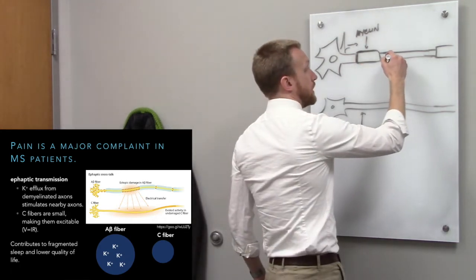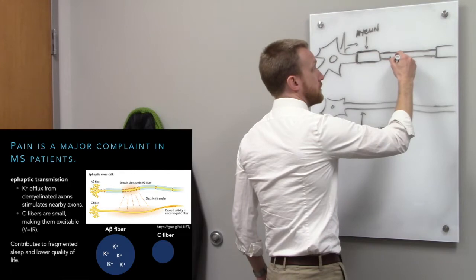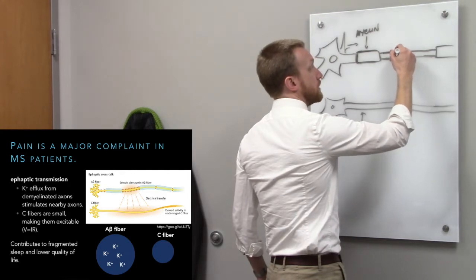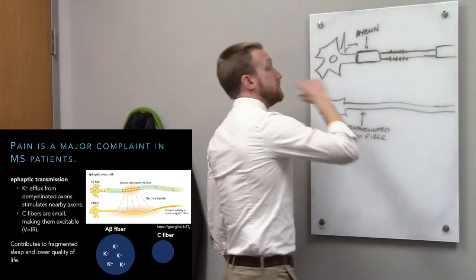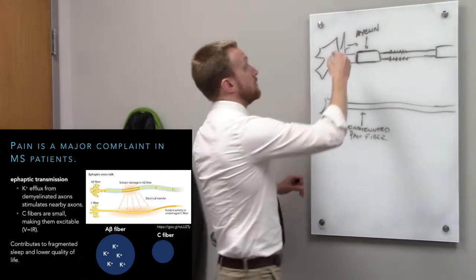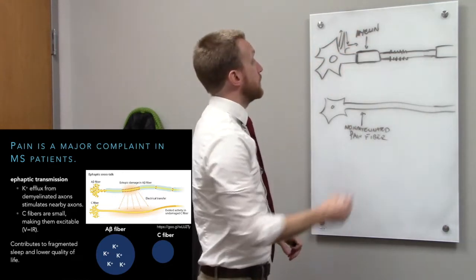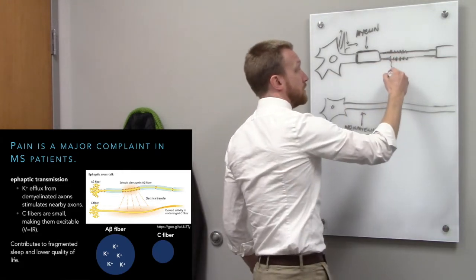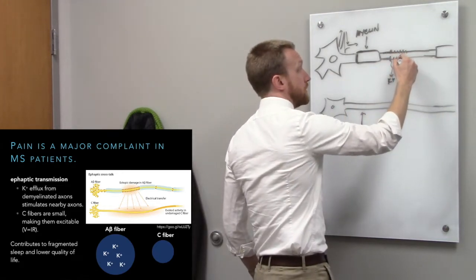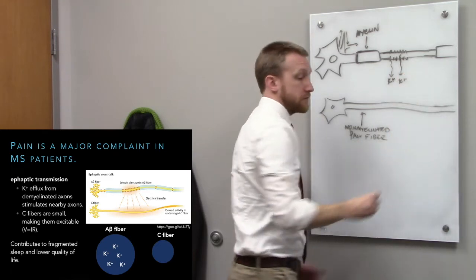So in order to propagate that action potential, we have to reinsert new ion channels. Now, we have depolarization, repolarization, and that repolarization is caused by potassium efflux.